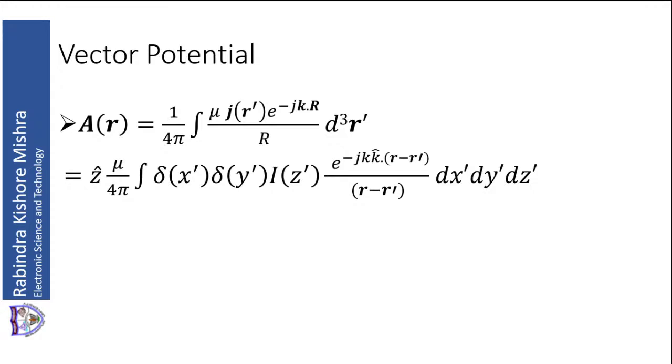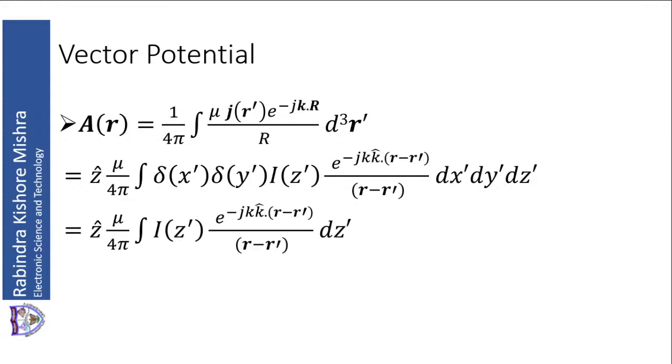And on the z-axis, it varies as I(z dash), and we have seen what is I(z dash). Then we have mu, which we have taken outside. 4 pi remains as it is. The current is in the z direction, therefore we have z cap.